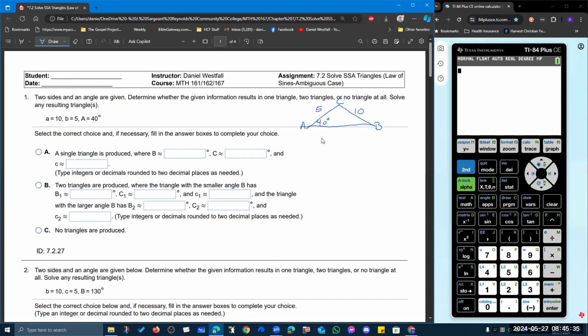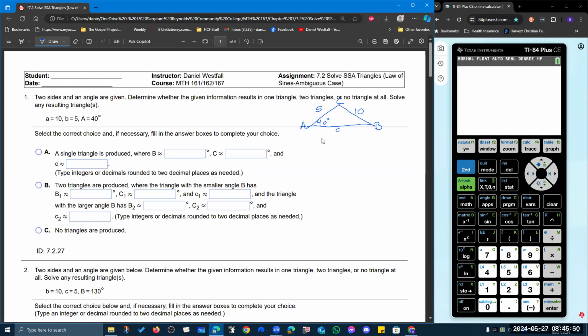So little c is going to be the side that is unknown here, and angle B is going to be unknown. The first thing that we're going to try and do is see if there's any triangle at all using the law of sines.